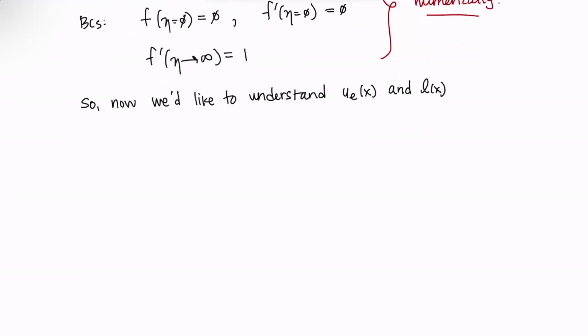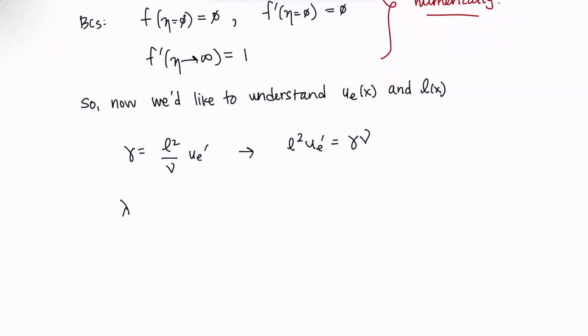So we have that gamma is equal to L squared over nu times UE prime, which I can rewrite as L squared UE prime is equal to gamma times nu.